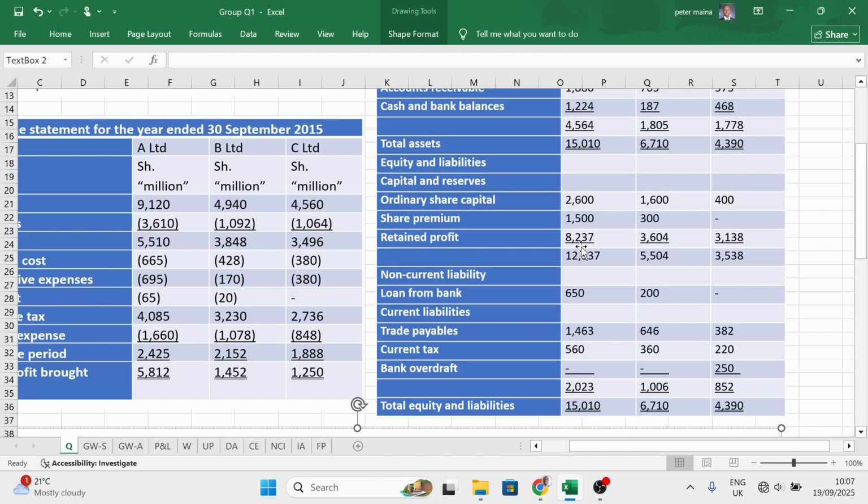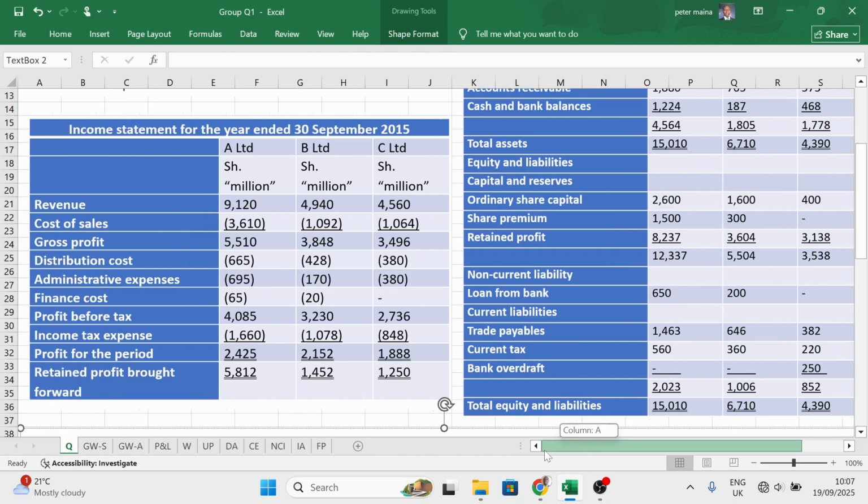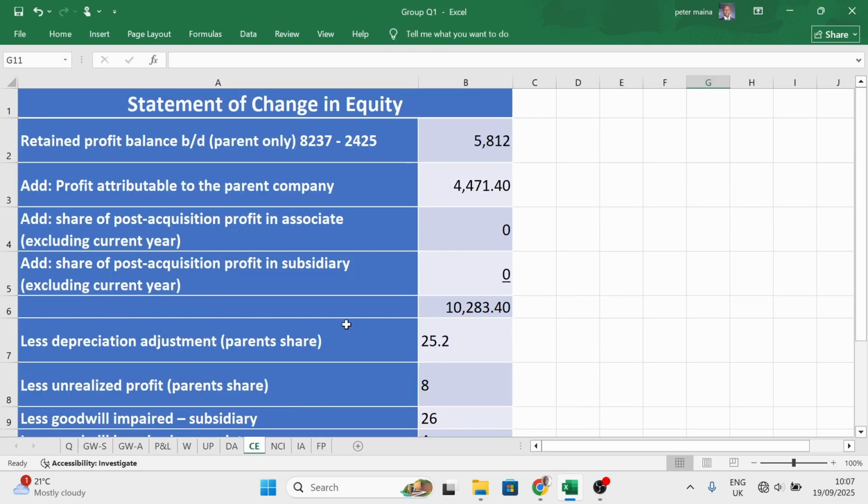That is the accumulated profit as at the end of this year. Deduct the profit that the parent made for the current year only, profit for the period 24-25. If you deduct this from the one in the statement of financial position, you are going to be left with the one they had at the beginning of the year, 5812. So that is the working that has been shown here.